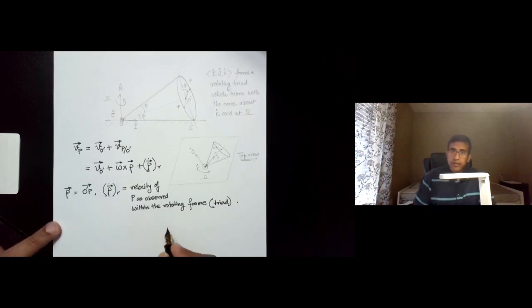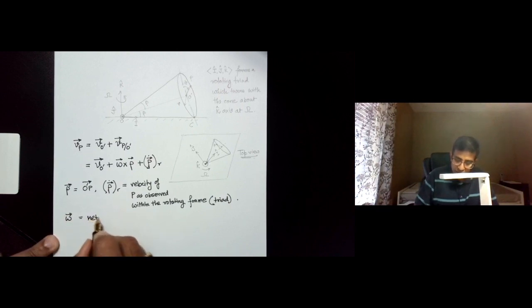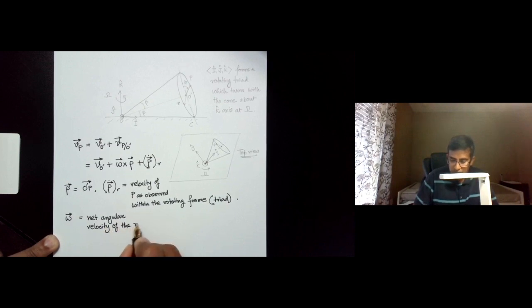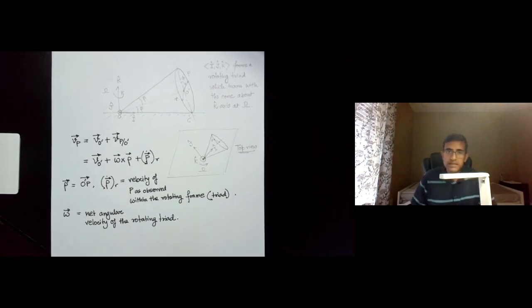Okay, and furthermore, omega is the net angular velocity of the rotating triad. So this is how we set up our problem.